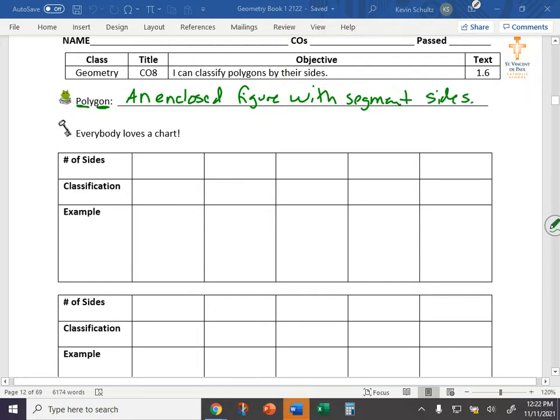Okay, an enclosed figure with segment sides. So, is a circle a polygon? Sadly not, because its sides are not made up of segments, right?